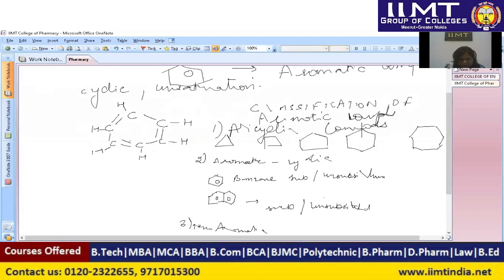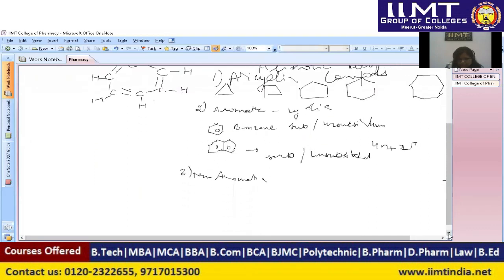The Huckel rule is the 4n plus 2 pi electron formula, and the ring system which satisfies this is called an aromatic ring system. The non-aromatic ring systems will not follow this and will not satisfy the 4n plus 2 pi rule, which is called the Huckel rule.